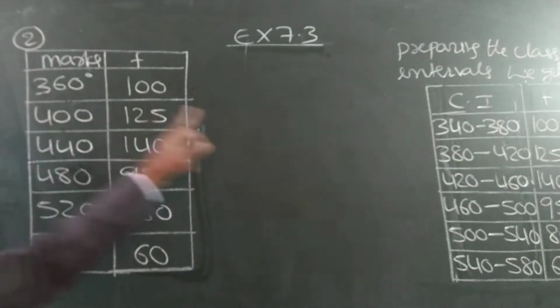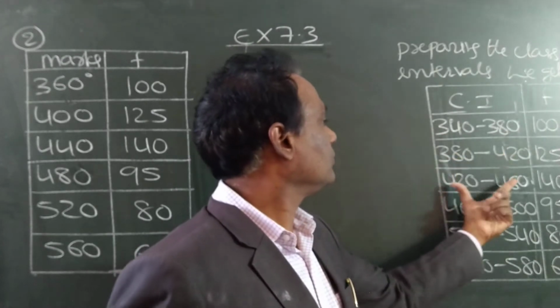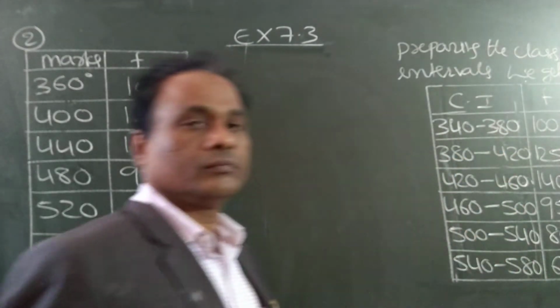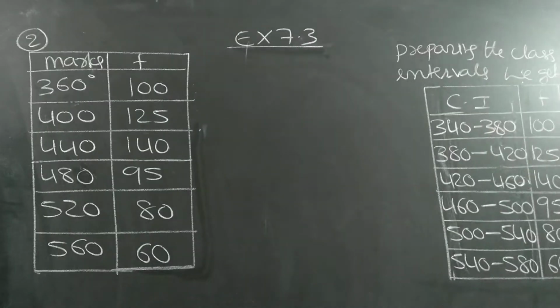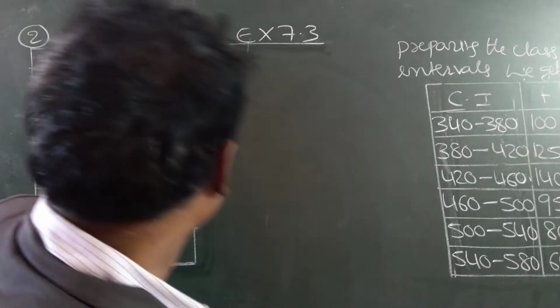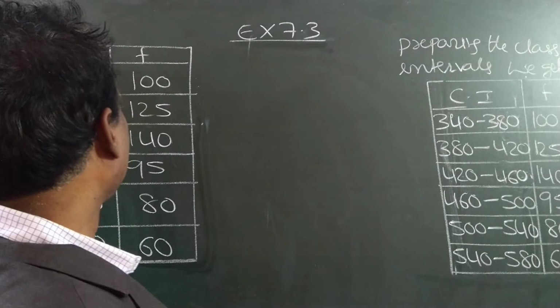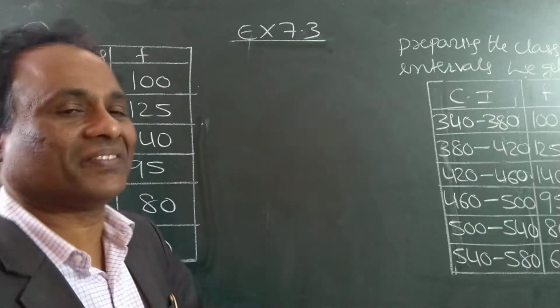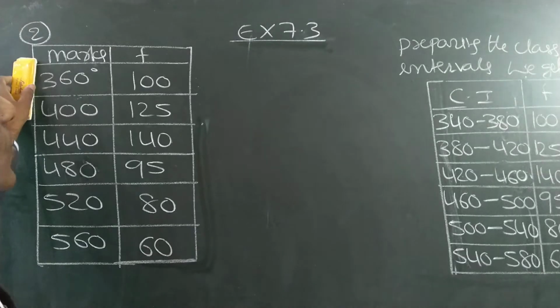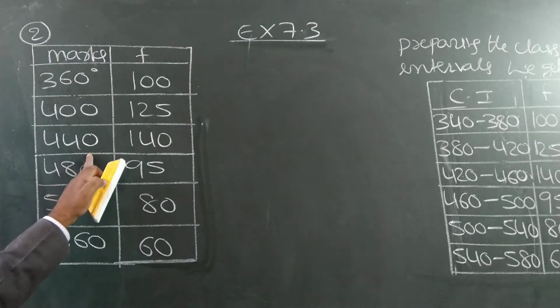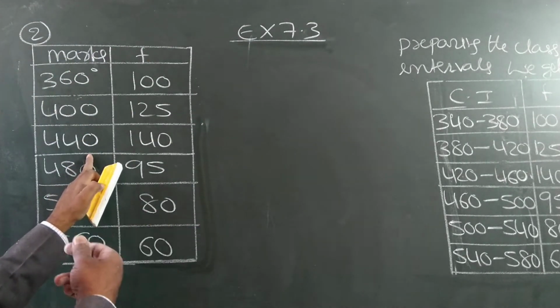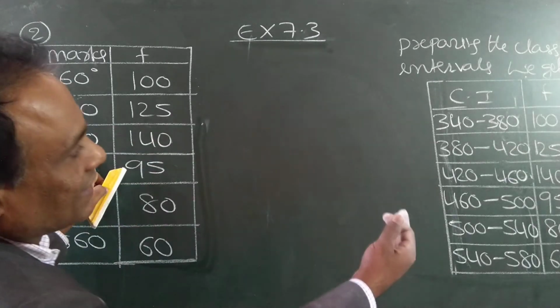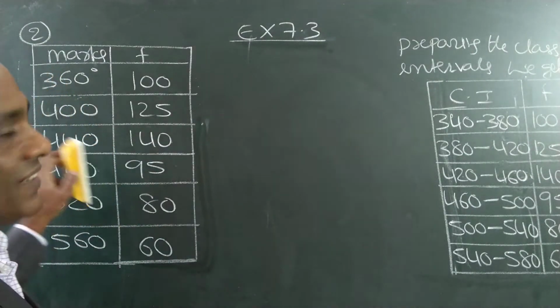Mid value given means class interval will be like this. Same table I wrote once again by introducing the class intervals. So write down that table. You first write down this table from the textbook question. After preparing the class intervals, the table will become like that.